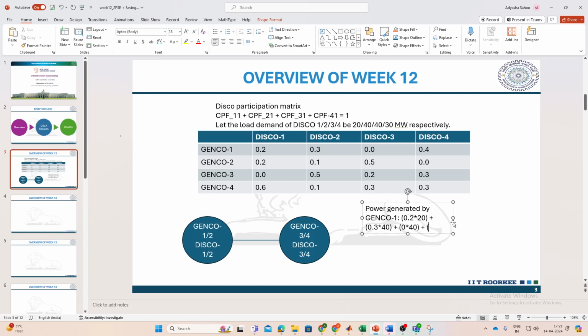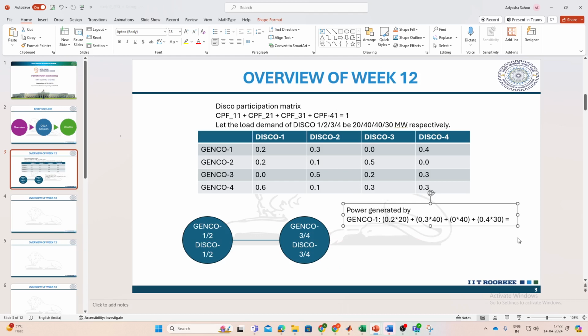Then DISCO 4 is contracting 0.4 of its 30 megawatt. This sum is the total power that will be generated by this GENCO. So you can calculate this.